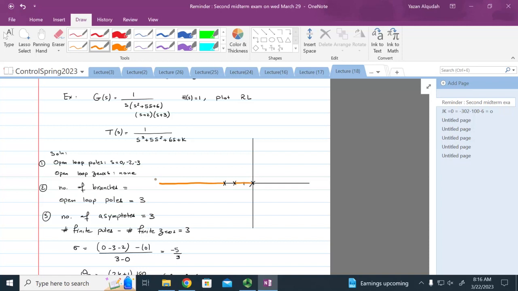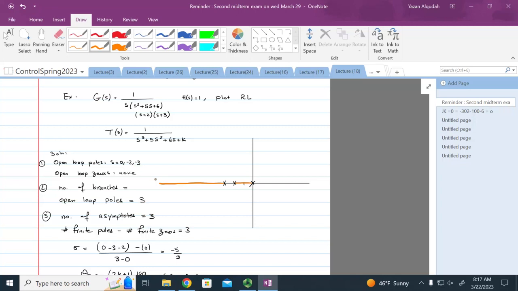Make sense? Okay. How many branches are we going to have in the root locus? We're going to have 3. We have 3 poles. These branches are going to start at the poles and they're going to end at zeros. We don't have any zeros. Therefore, the 3 of them are going to end as asymptotes. So therefore, the number of asymptotes, which is the number of finite poles minus the finite zeros, is equal to 3.